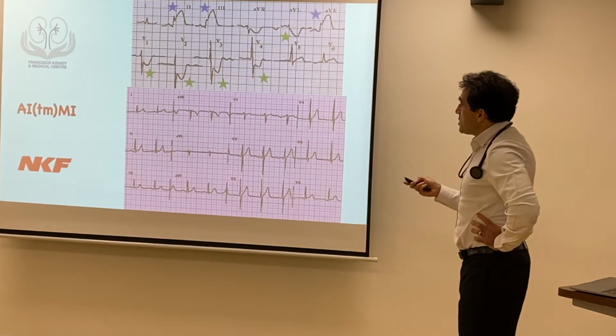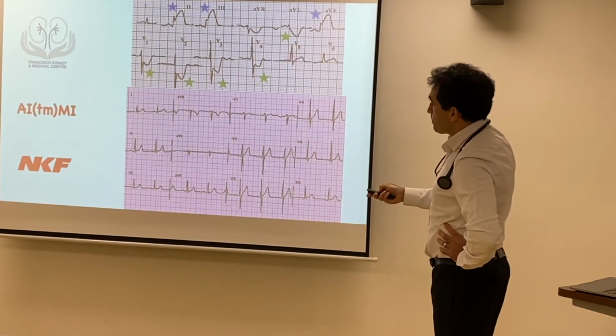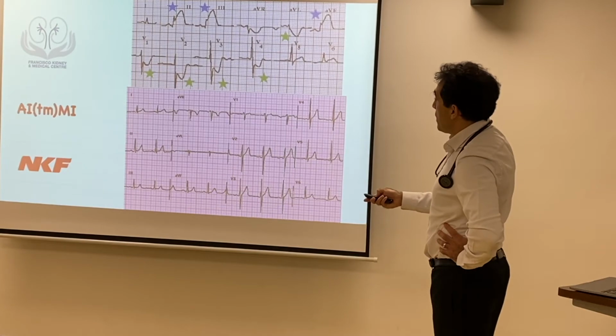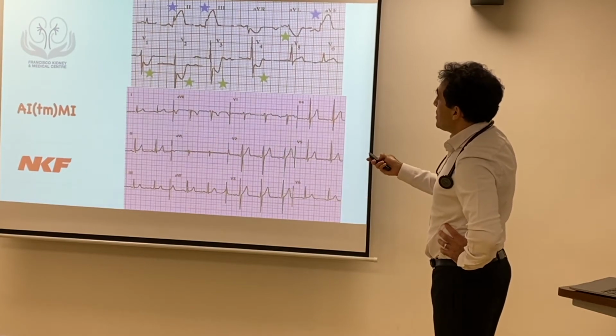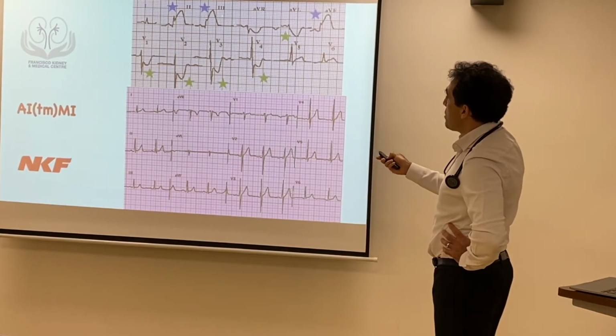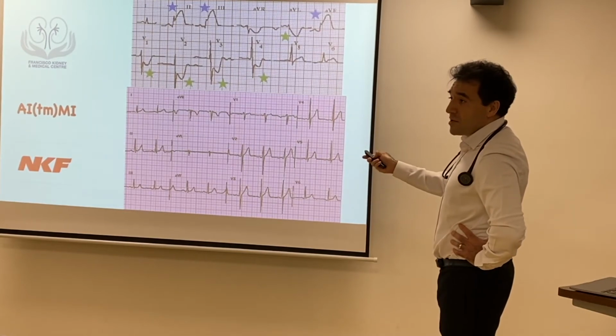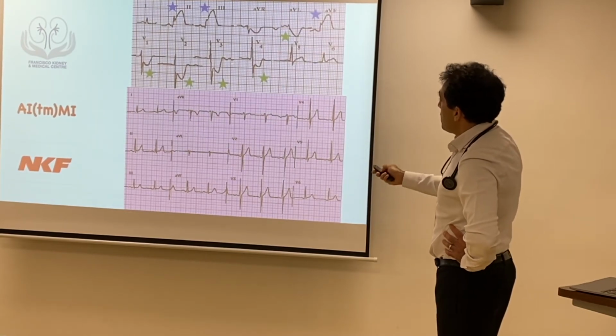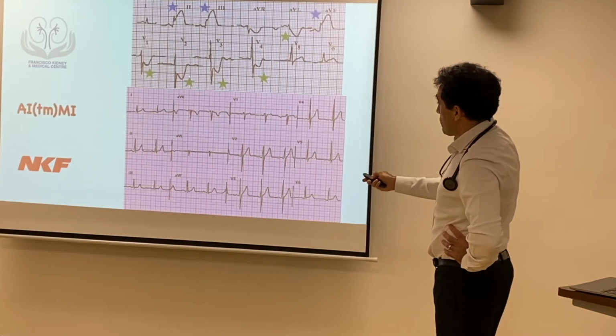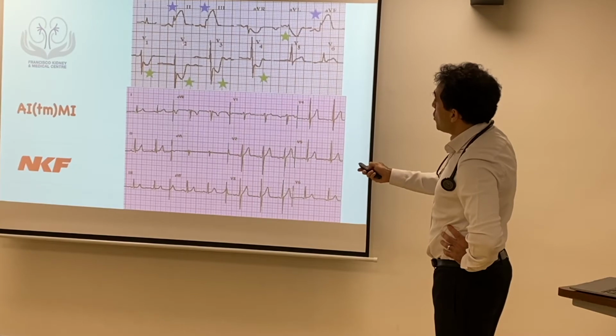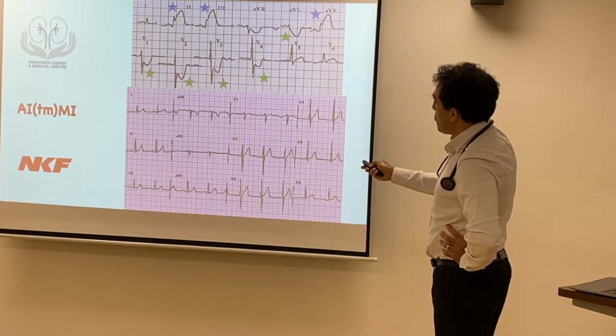This is an inferior MI. Remember, the inferior leads are 2, 3, and aVF. So you see the changes more prominent, the ST elevations there, and there are reciprocal changes in V2 and V3.